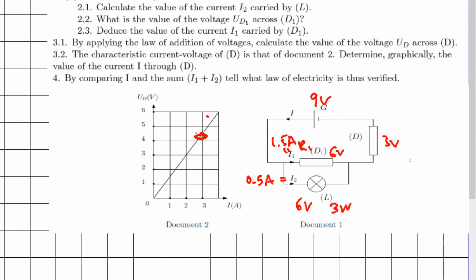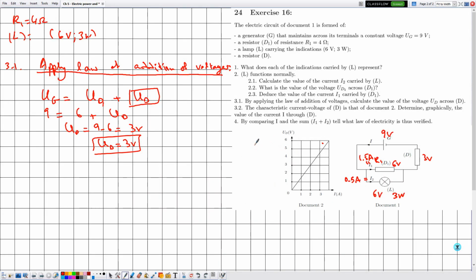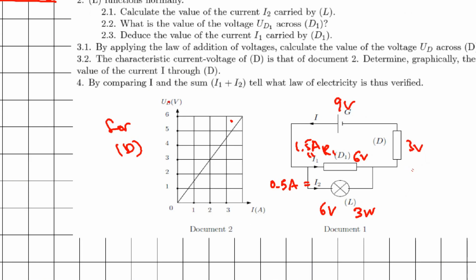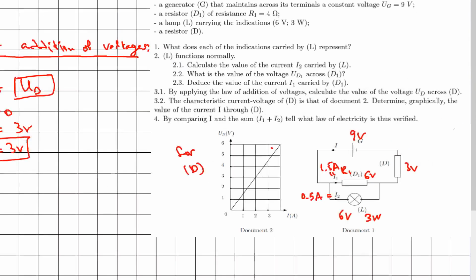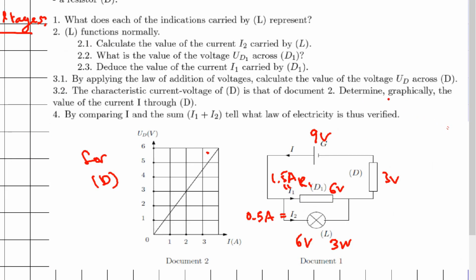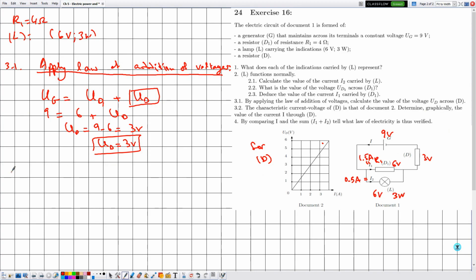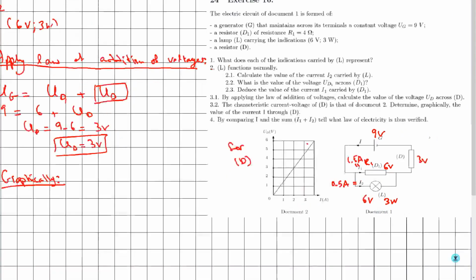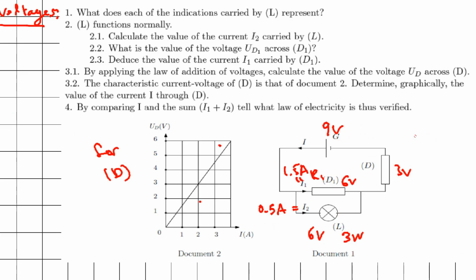They are telling me it is for D. More than that, they are telling me UD, which is the voltage across D, and to determine graphically the value of the current I through D.